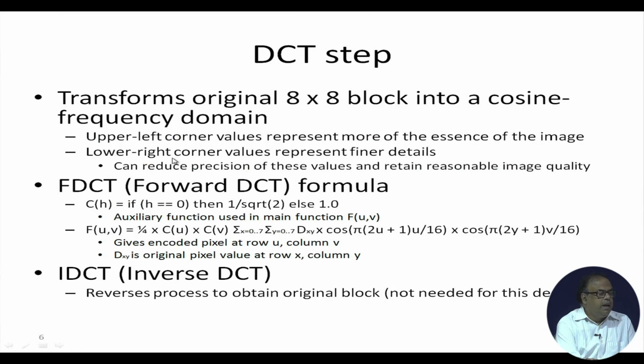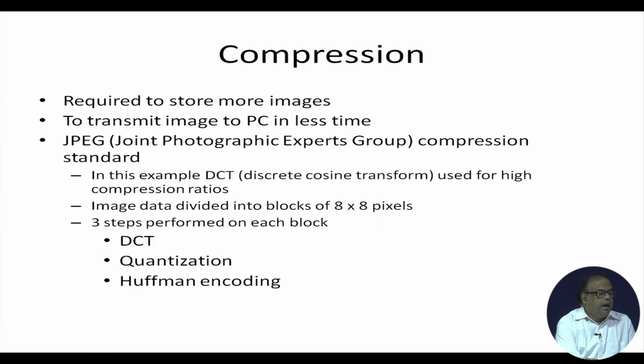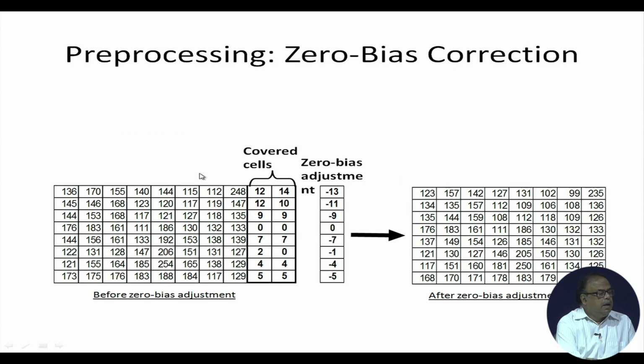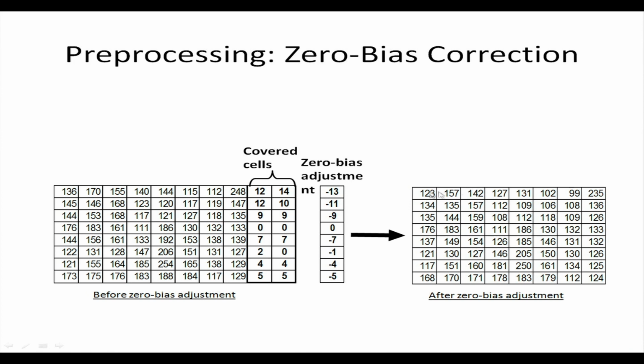So, once again I go back: I start with capturing on the CCD, all right. I capture the image, this will be some distribution of intensity values, then I correct them with gamma correction. So, I get a corrected distribution of intensity values here.